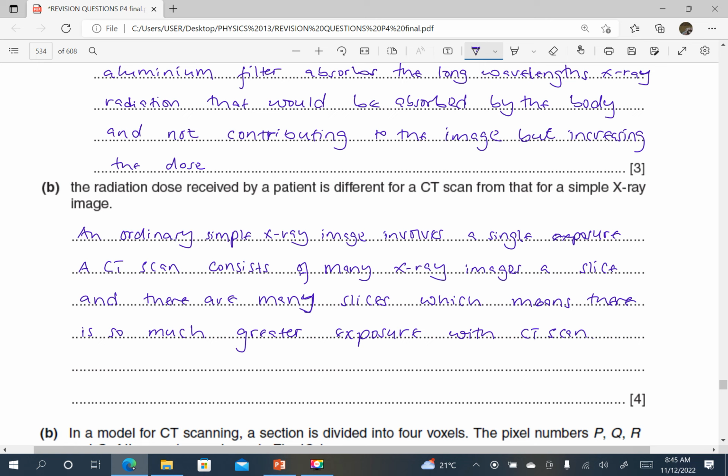Several other slices are also going to be X-rayed in a similar way, and their corresponding two-dimensional images are going to be combined all together to form a complete three-dimensional image. All this is involving X-rays from different angles and for several slices. That means the dose being taken in during a CT scan is much greater than that taken in during an ordinary simple X-ray scan.